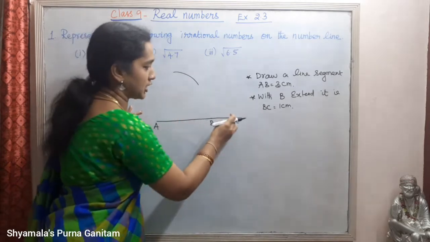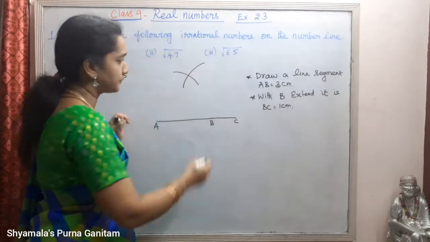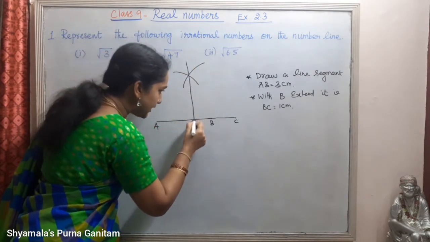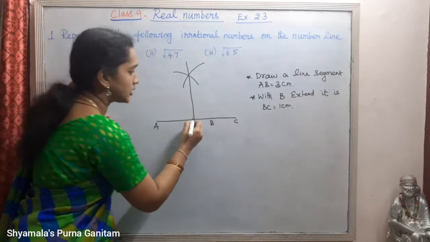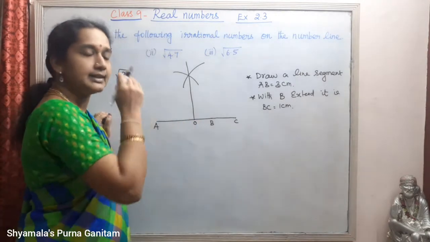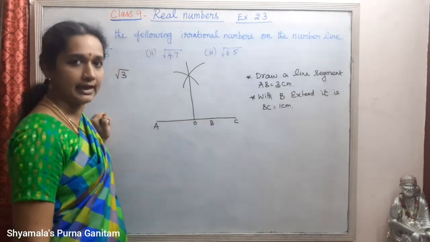With the same measurement, with C as center, we draw another arc. We join the points where the arcs meet and extend it to AC. That center point we mark as O. So O is the center point of the line segment AC.